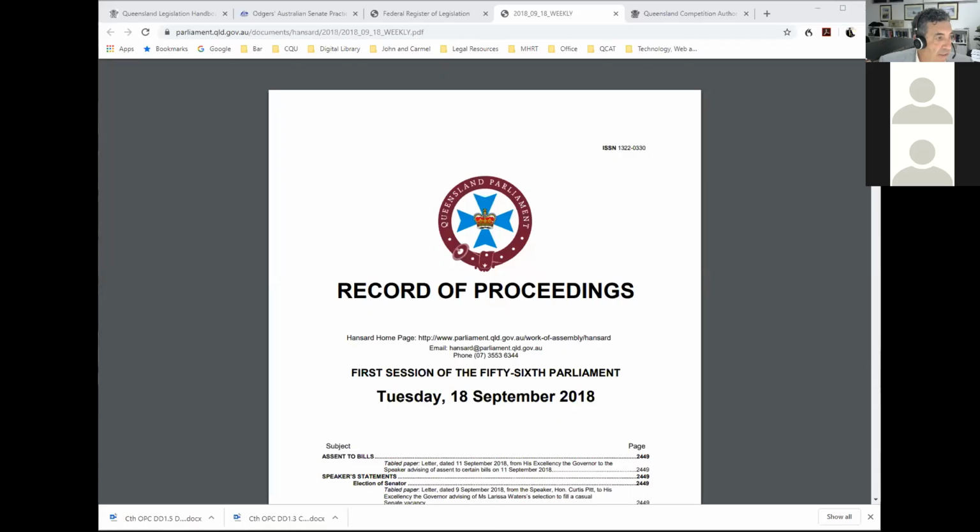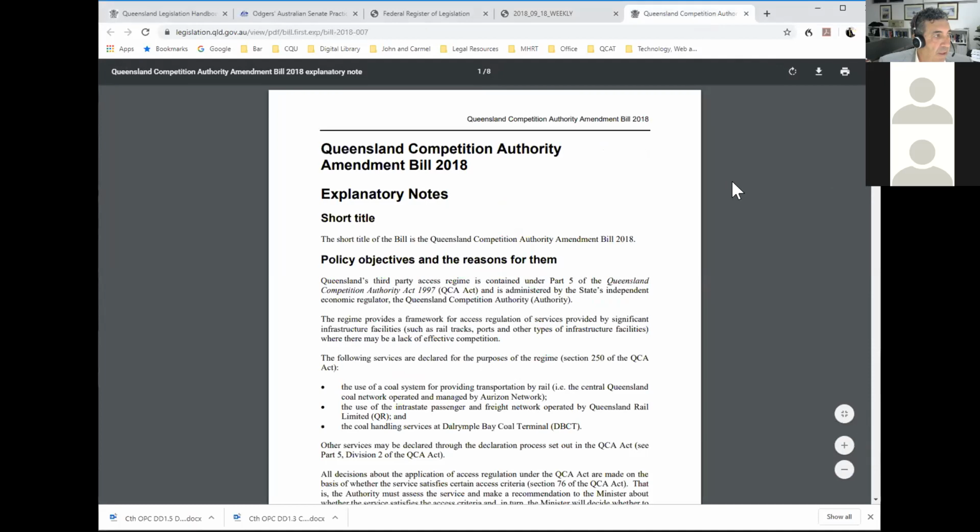Record of proceedings in relation to the police powers. This is Queensland. Responsibilities are the Legislation Amendment Bill and another example, the Queensland Competition Authority Amendment Bill 2018.